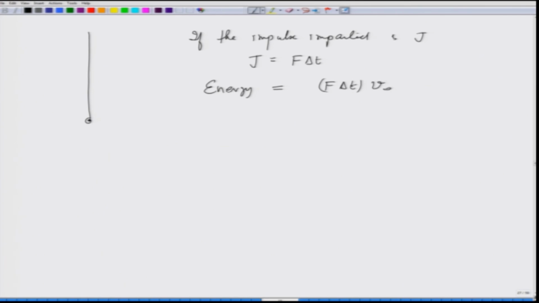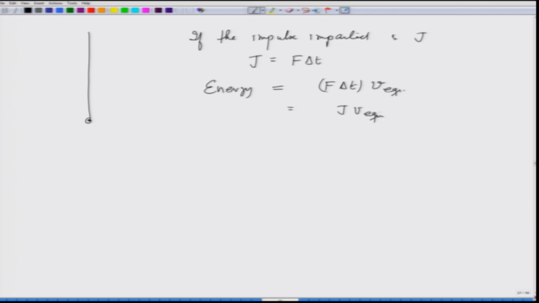So, in the swing, if the impulse imparted is J, which is F, let us say it is done for a very short time delta t, then the energy is going to be equal to F delta t times V equilibrium, that is J times V equilibrium.